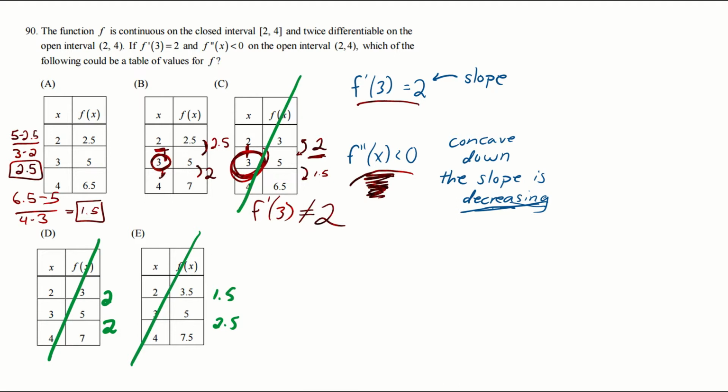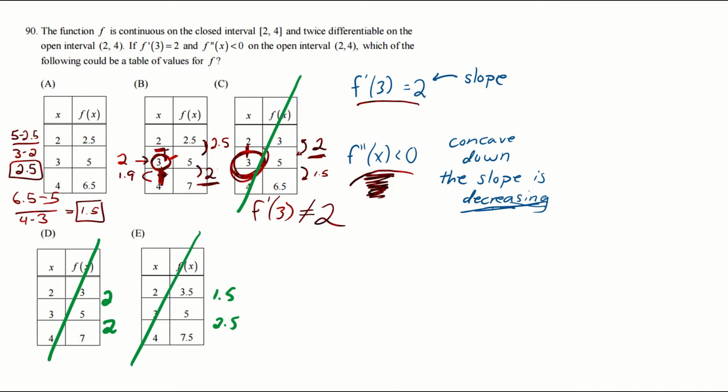But if it needs to keep decreasing because it's concave down, I can't have a slope of 2 somewhere between 3 and 4. Because at 3, it has to have a slope of 2, and then it has to continue decreasing, which means somewhere between 3 and 4, it has to be at least like 1.9 or something like that.